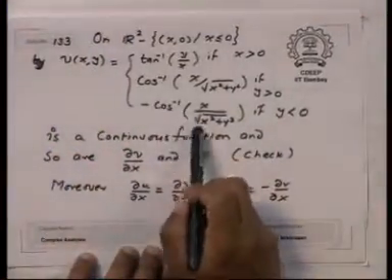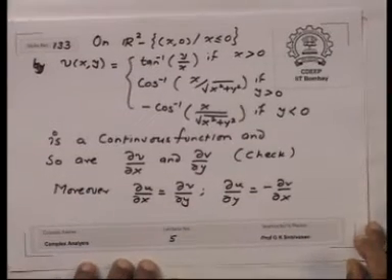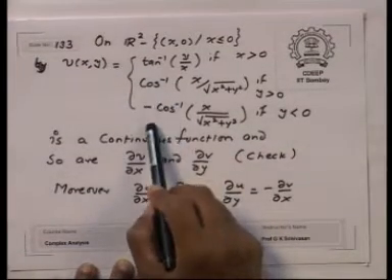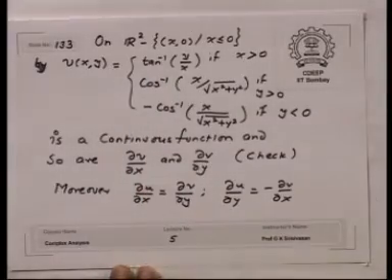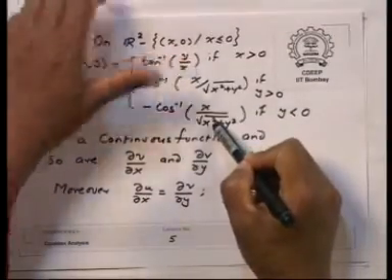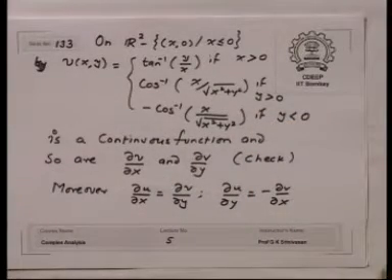Lower half plane we have taken to be minus cos inverse of x upon root of x squared plus y squared. Upper half plane is cos inverse, lower half plane minus cos inverse, right half plane it is tan inverse. I have to take this because just this and this will not work, no? Because then the whole of the x axis is gone.